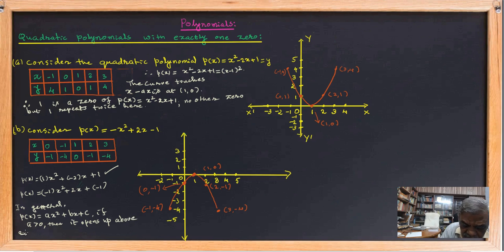And if a is negative, then it opens below. And this is the idea where we can get the curve, and this will give the nature of the parabola, what type of parabola, whether it opens up above or it opens below. This is the idea behind these two examples.